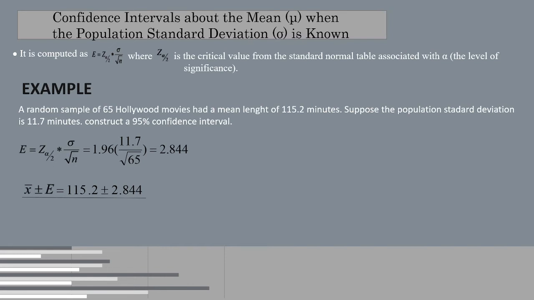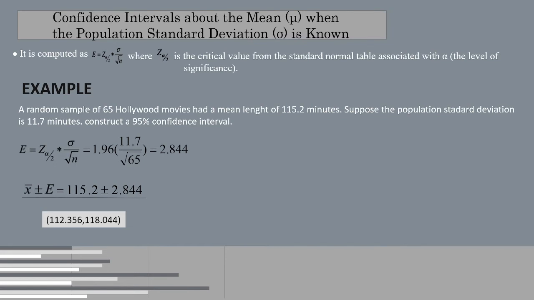We know that our x bar is 115.2 and our E is 2.844. If we subtract, we will have 112.356, and if we add, we will have 118.044.